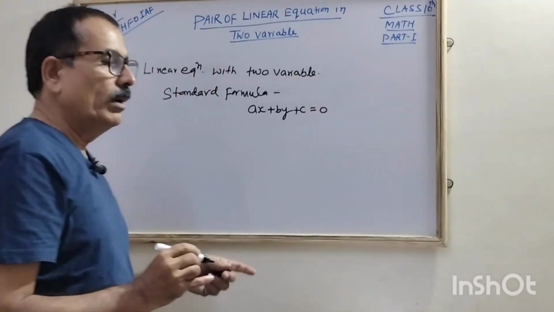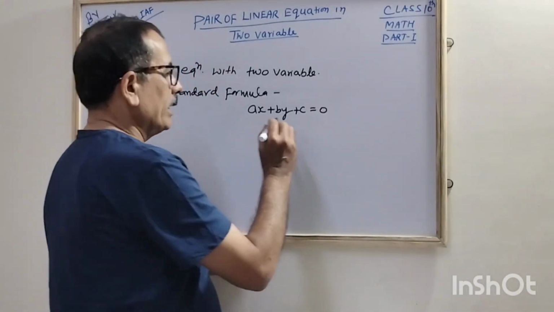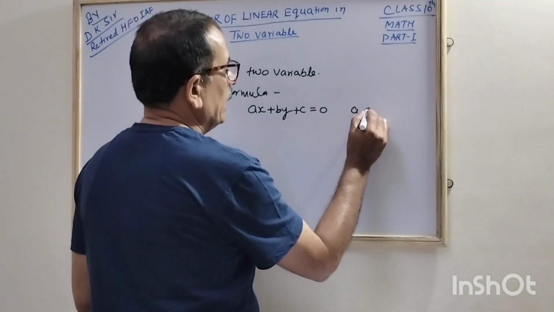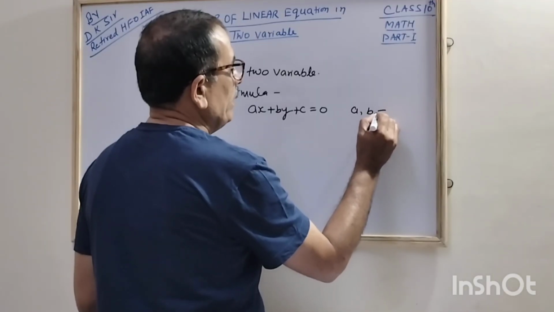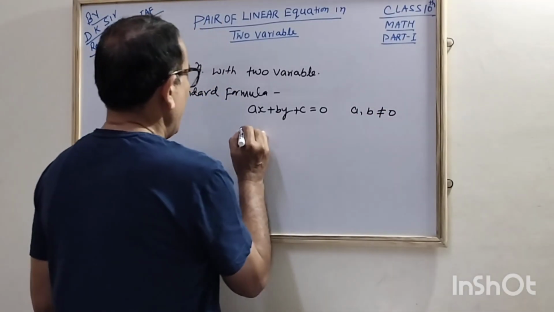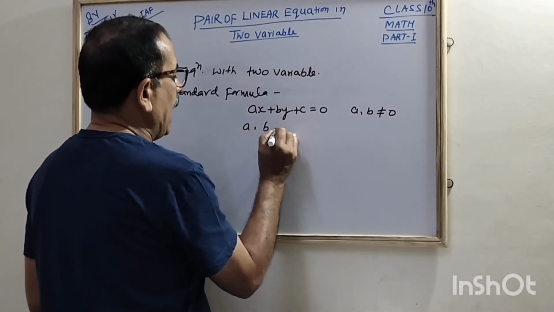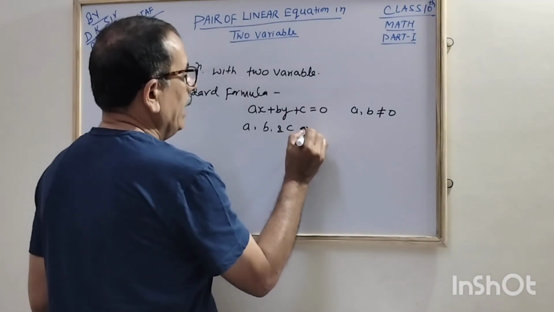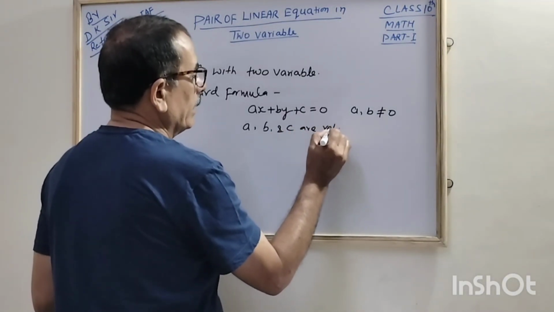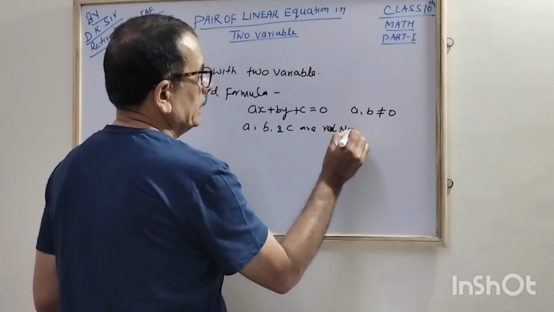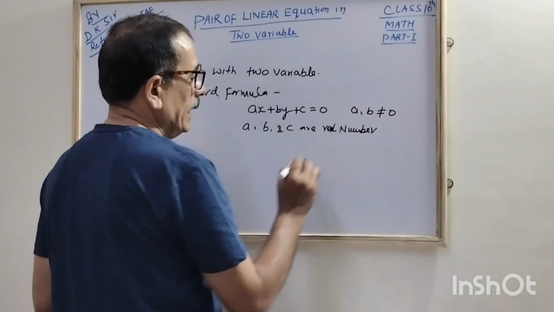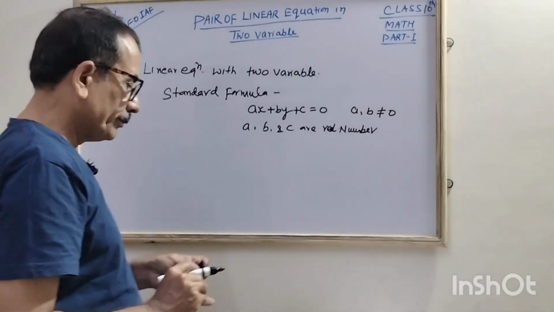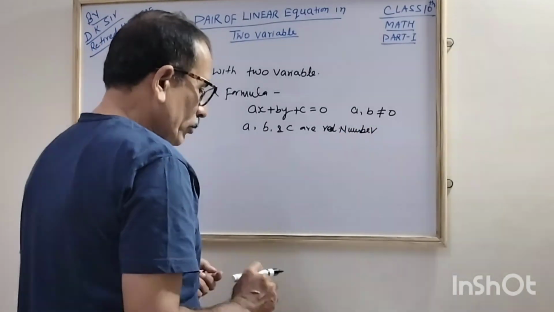Here we should understand that a and b must not both be equal to 0, and a, b and c are real numbers, correct?